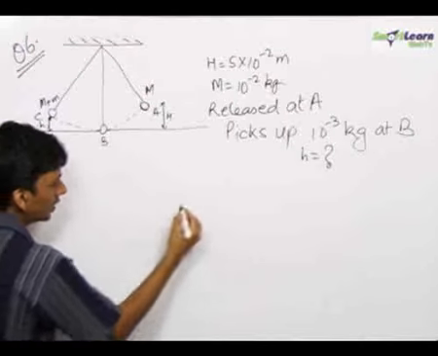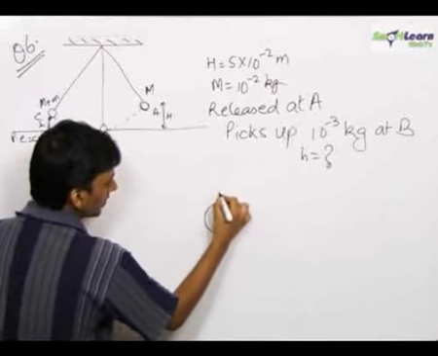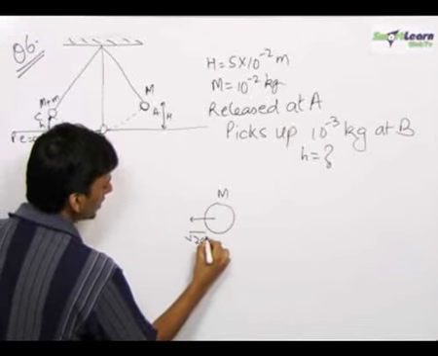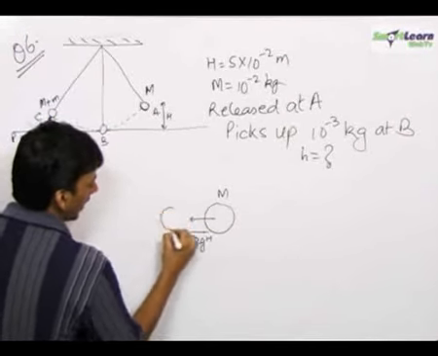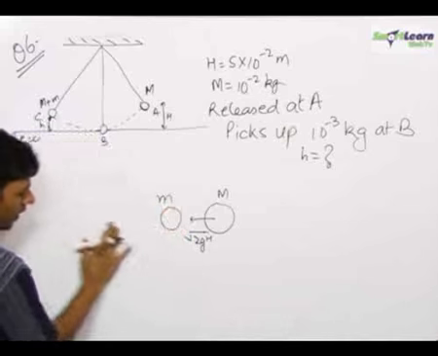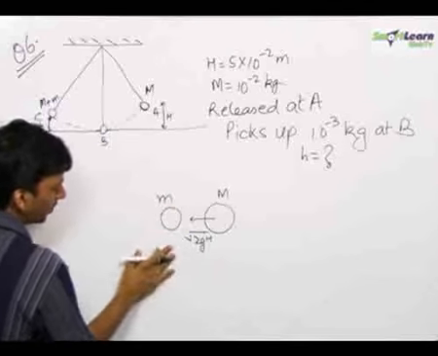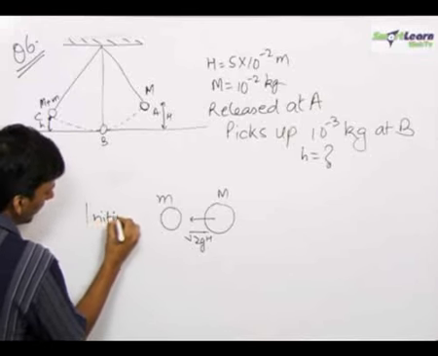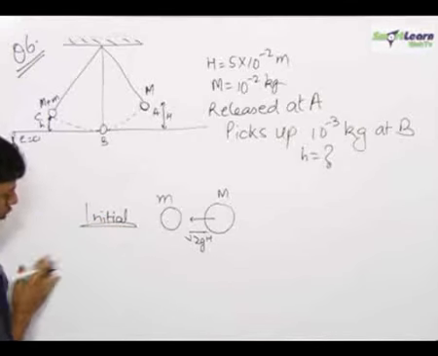Now, let us handle the collision. This mass m comes down with a velocity root over 2gh. It collides with another mass small m, and the other mass sticks to this mass. So, this was the initial motion.